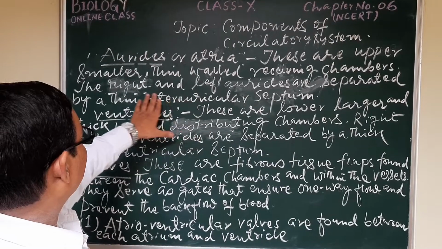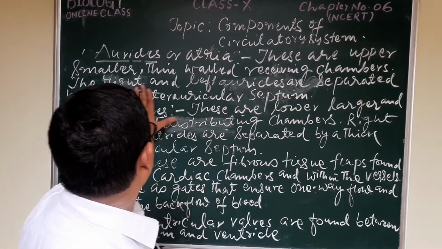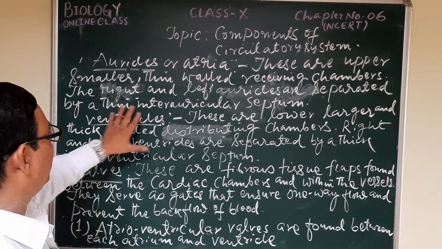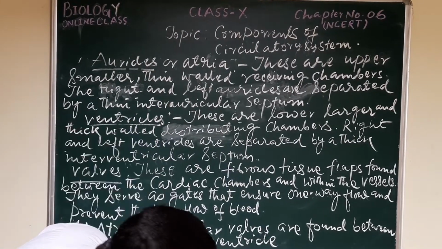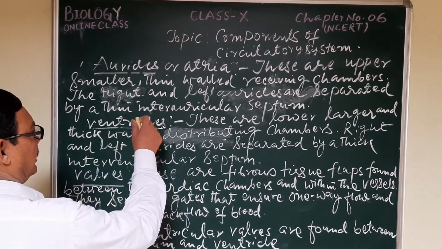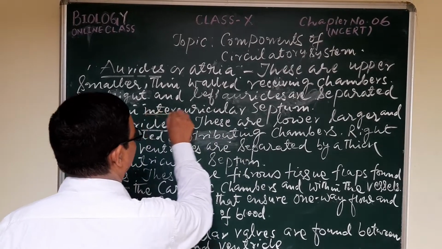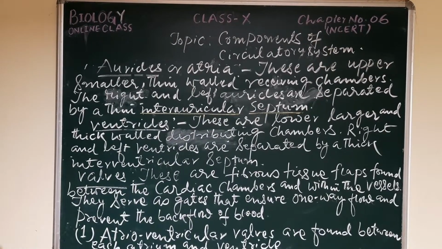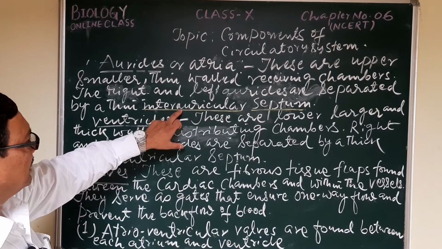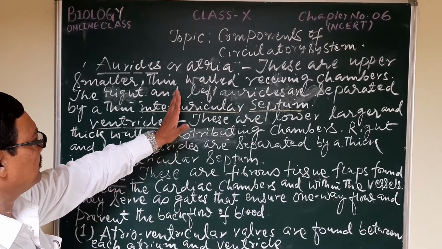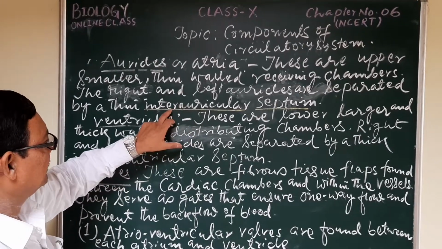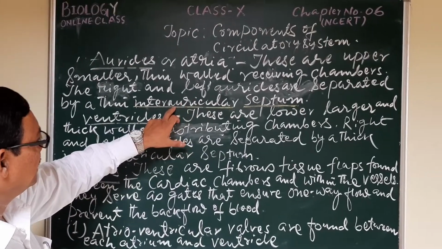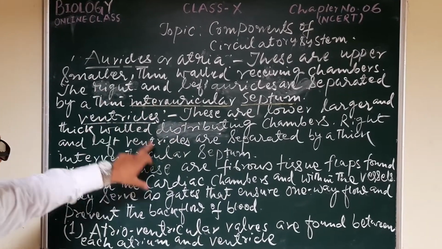The left auricle and the right auricle are separated by a thin interauricular septum. This terminology is used for the septum between the two auricles, that is why it is interauricular. Similarly, the terminology is used for the ventricles also.